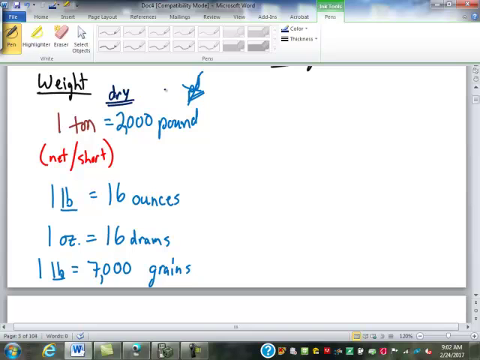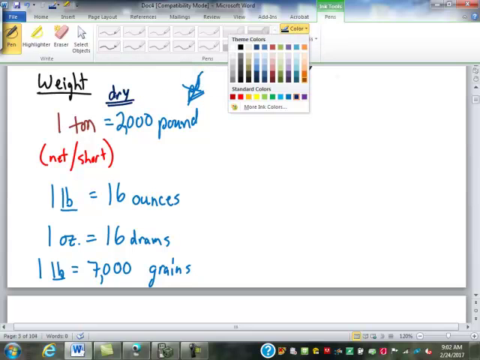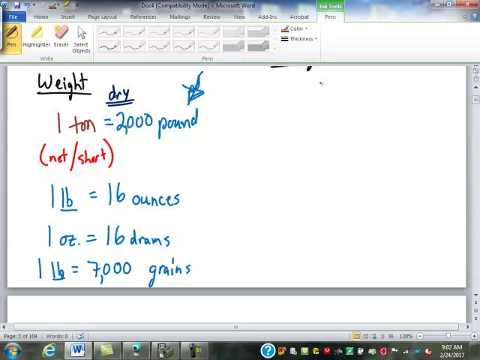Before I talk about wet weight or liquid weight, I want to mention something. Again, this is not going to be something you'll be tested on, but you hear a lot about precious metals. You know, that gold has gone up to $1,700 an ounce or whatever. When they're talking about gold and silver and platinum and other precious metals that you might invest in, they are not talking about regular pounds and regular ounces.